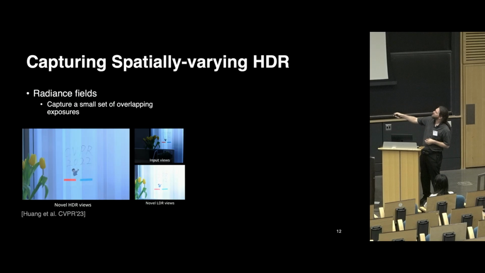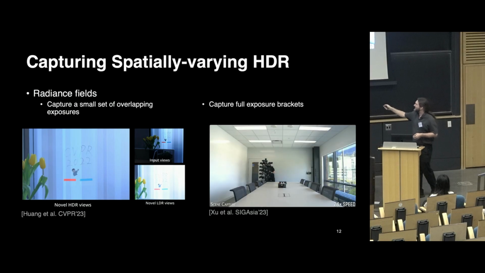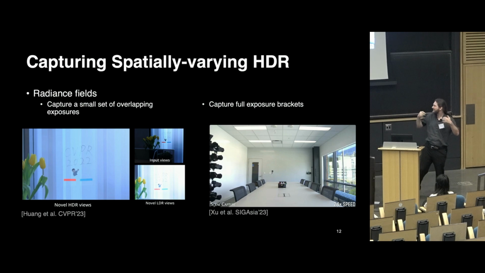Anyways, one way to do this is to take multiple different exposures during your video capture. Another way is to capture the entire bracketing exposure stack for every position that you can find inside of the room.